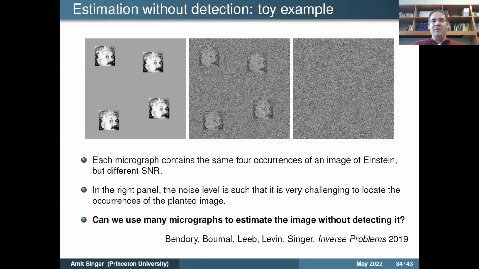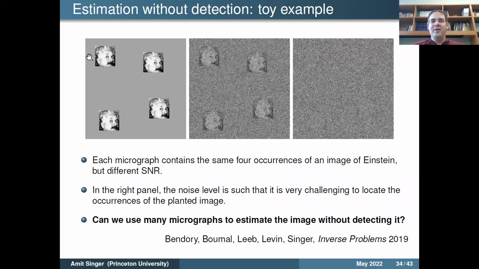Let me just illustrate the problem. Before doing the full cryo-EM problem, if I show you the micrograph on the right, you would just tell me it's white noise. But if I tell you there is actually an image to be reconstructed here, and that image appears many times in this micrograph and many other micrographs that I collected, then because there is a repetitive signal, there might be a hope of recovering it.